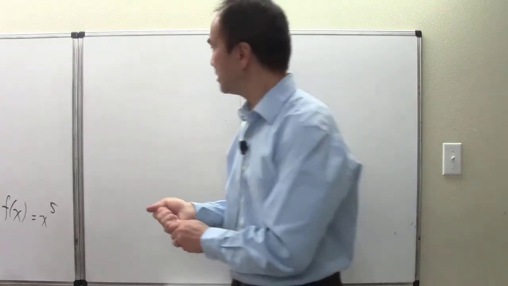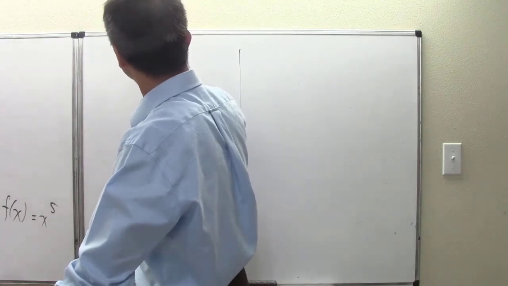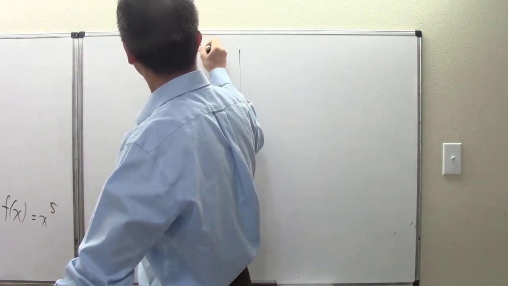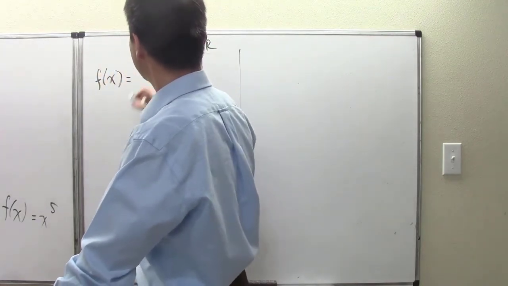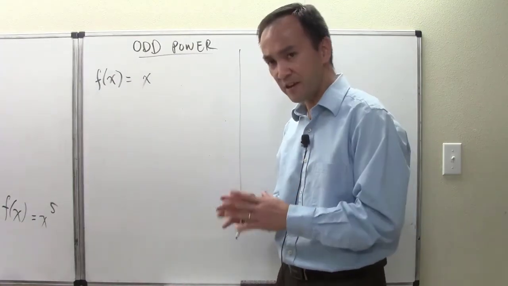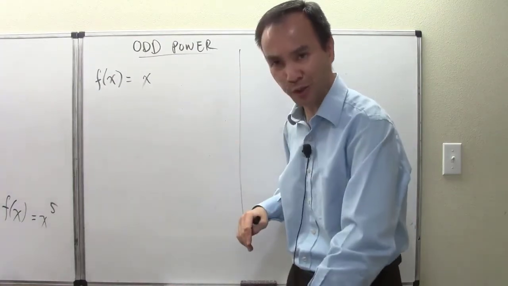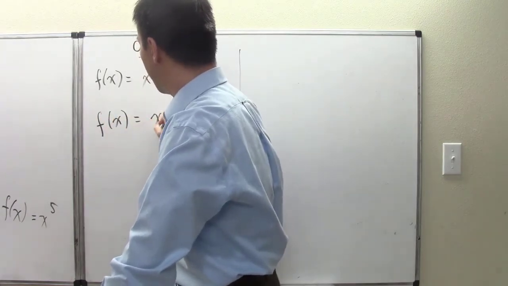All right, so now as far as the odd power, primarily we are going to be looking at x to the first power, the identity function, one among our toolkit functions. How about f of x equals x cubed?